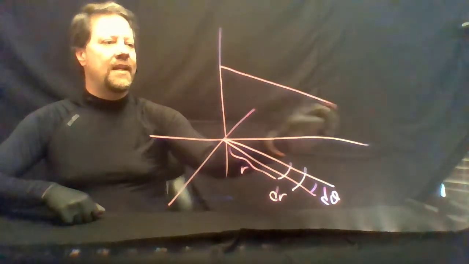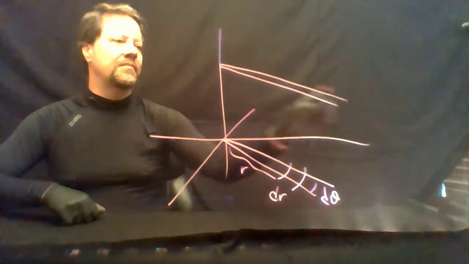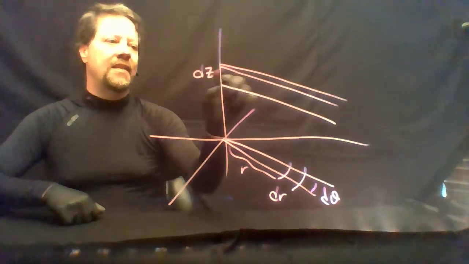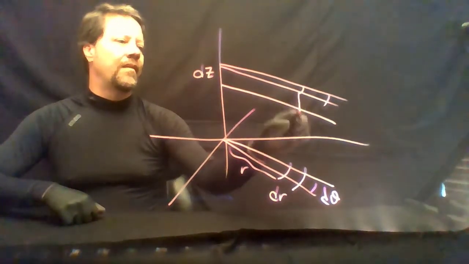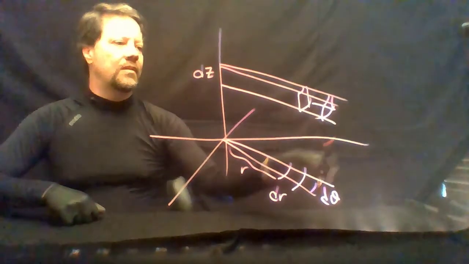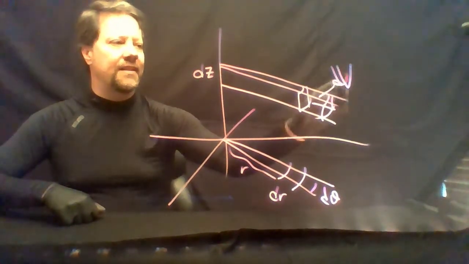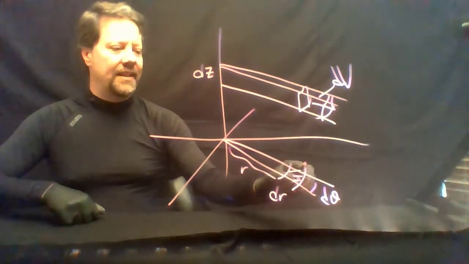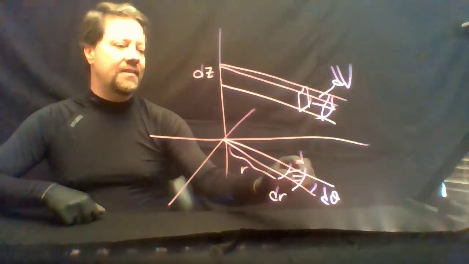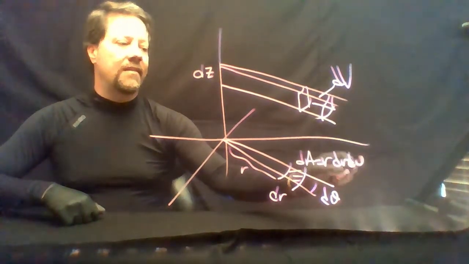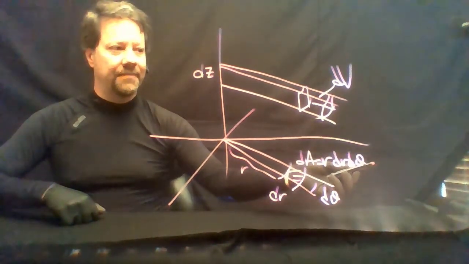So if you raise this up, and you have a little slice dz, what is the little volume element, dv? Well, the little area element in the xy plane is r dr d theta. Go figure.